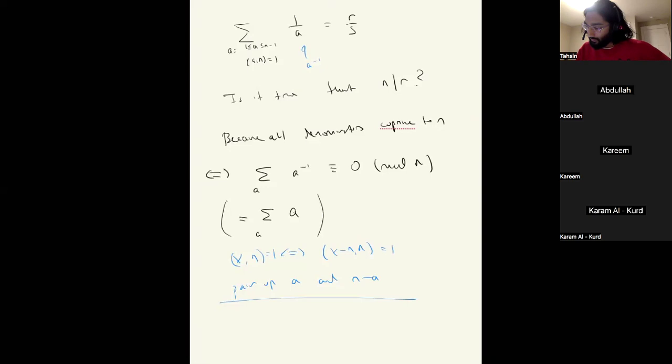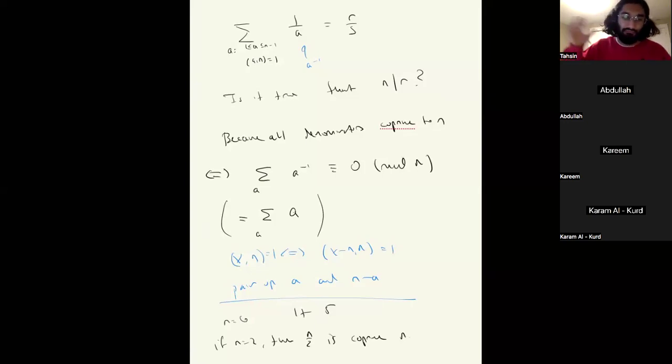For example, n equals 6: I'd do 1 plus 3 plus 5, sorry, it'll be just 1 plus 5, there won't be any 3, so it'll work. Really, 2 is the only problem, because if n equals 2, then n over 2 is coprime to n. That's some kind of weird, it's not important. Does it make sense?